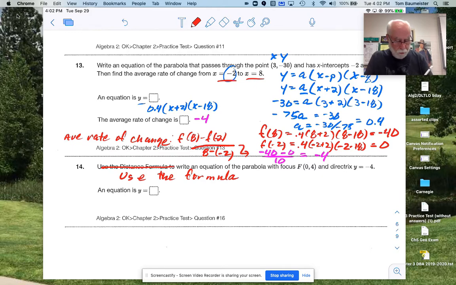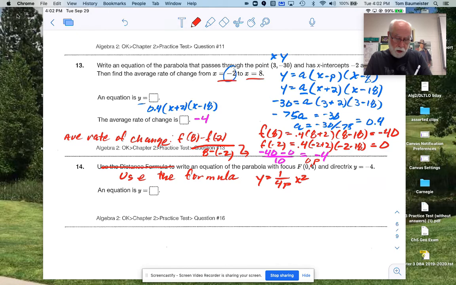Which is for a parabola. So in this case, we're going to use y is equal to 1 over 4p x squared. Remember, on this case here, our focus is (0, p). So p is equal to 4, right?